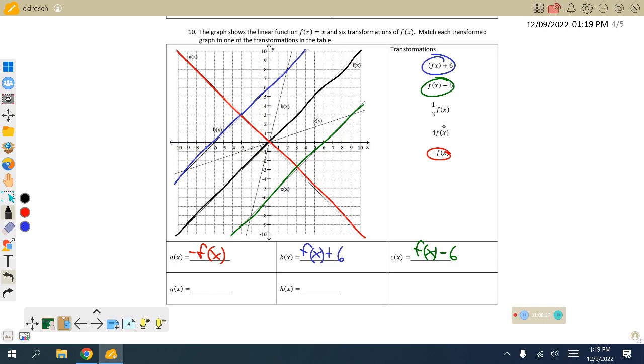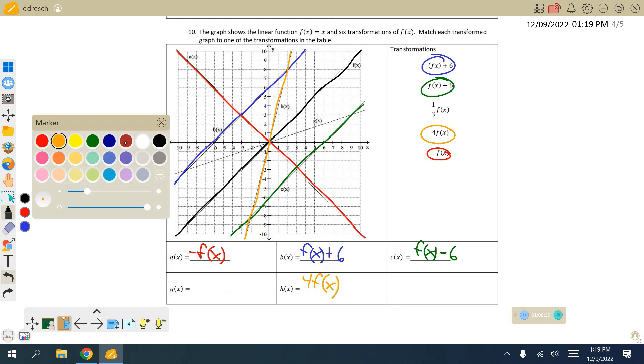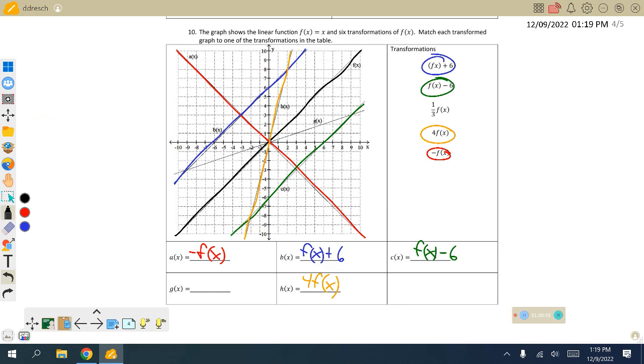Yeah, 4 of x, f of x. We finished that off. We've done everything right. The last one should go together. It's a third. What's a third do? That flattens things. It compresses it. It makes it not as steep as the original. So that's that 1/3. You take a third of something, you divide it, you're making it a little bit smaller.